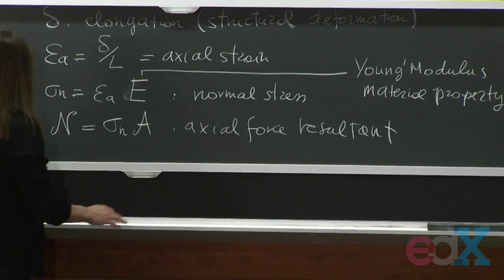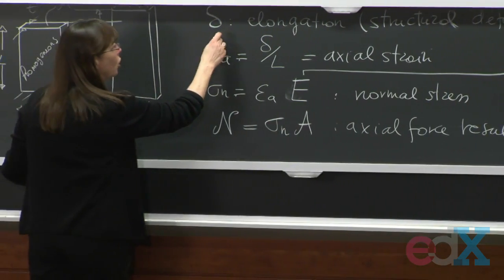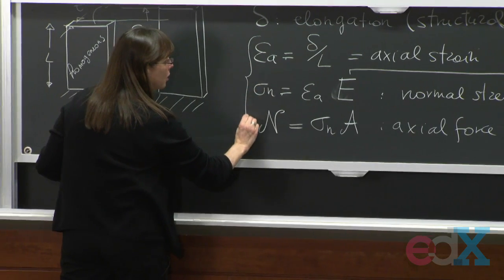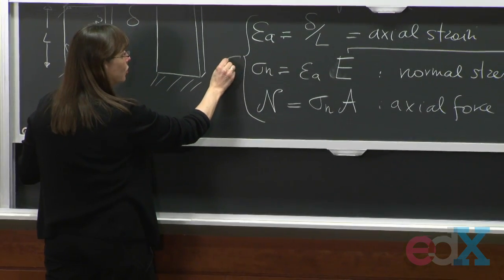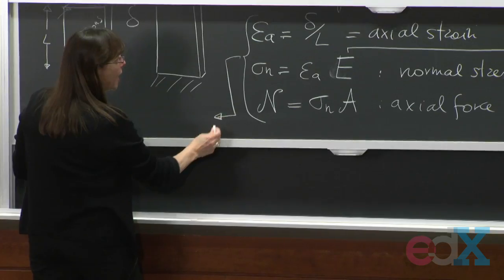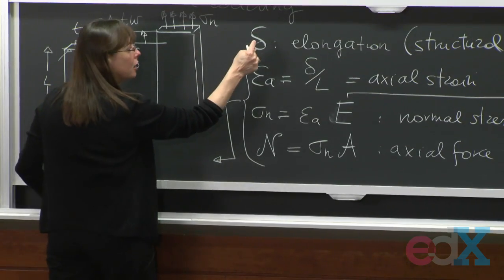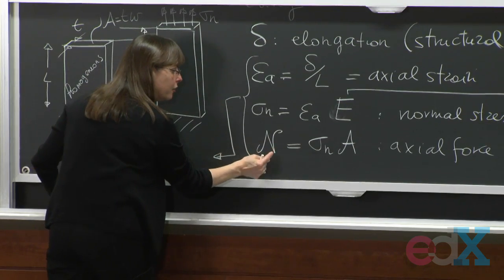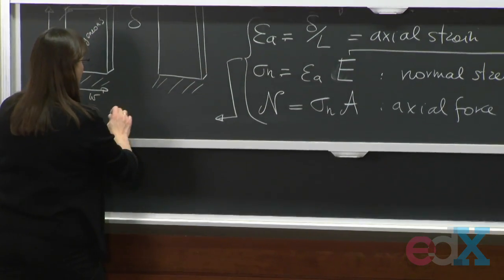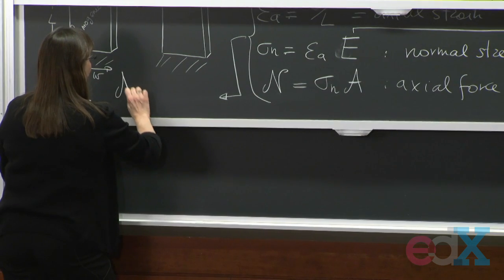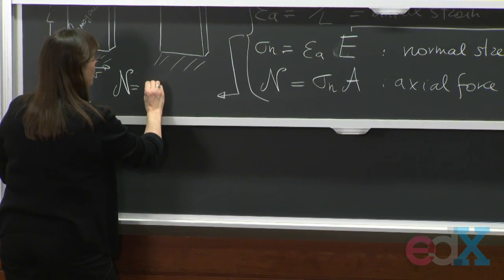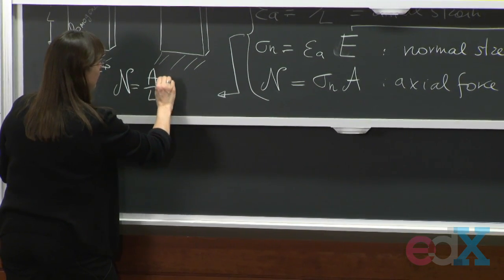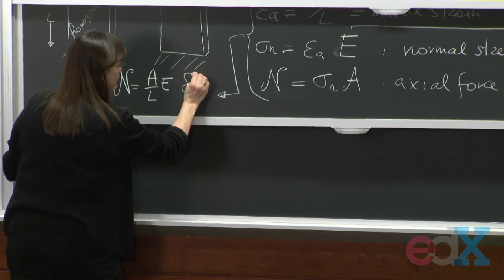And what we did in axial loading is we took all these things together, and when we combine them together, we get a relationship between the deformation of the structure, which is delta, and the axial force resultant, N. And in this simple case, if you remember, N is simply equal to A over L times E times delta.